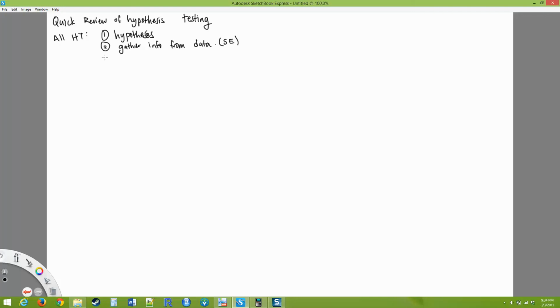Then you calculate a test statistic. You look up the test statistic to get a p-value. And lastly, use the p-value and alpha to make a decision and conclusion.